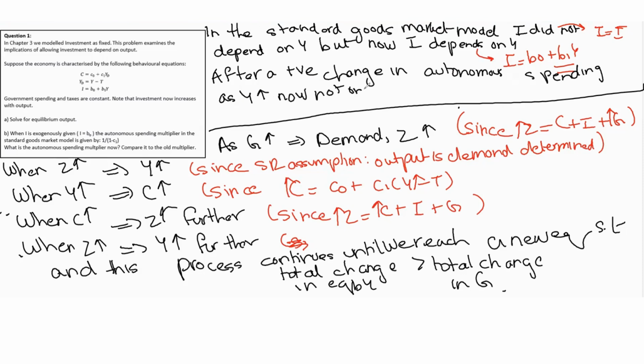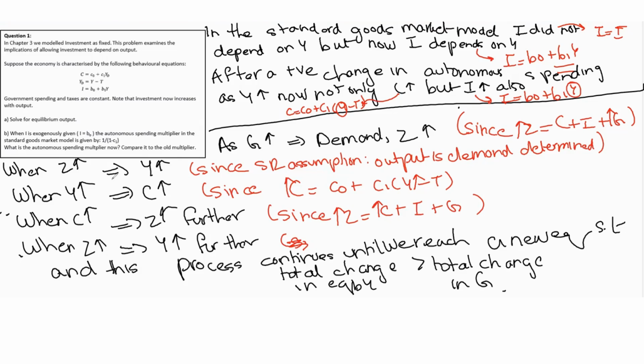Initially, we saw in this multiplier process, we know C will increase because C depends upon Y. C is equal to C naught plus C1 (Y minus T), which depends upon Y. But now I also depends upon Y. I is B naught plus B1 Y.